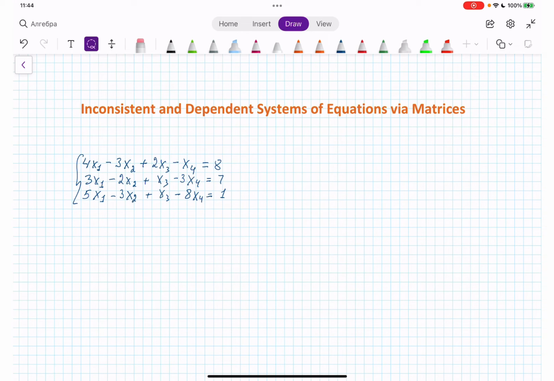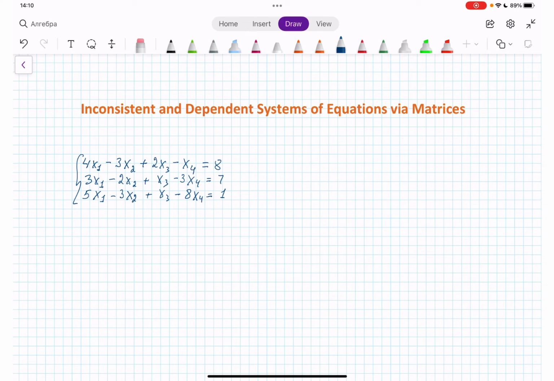So the elementary transformations of the matrix themselves are going to be exactly the same. We are going to use the Gauss-Jordan method to do the transformations. The difference you will see at the end of the solution. So what immediately catches your eye in this system? That the number of equations is less than the number of variables.